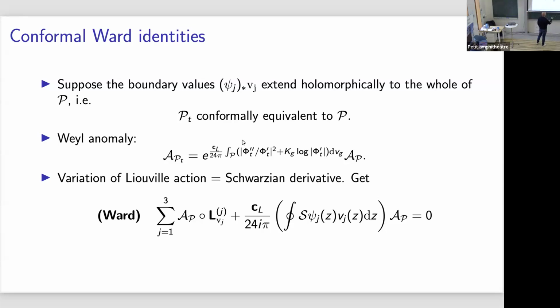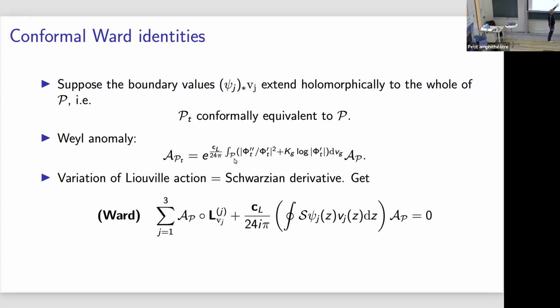Okay, so if you do so, because of this, you have this flow of maps. The new point is conformally equivalent to the old one, and so you can play with the anomaly coming from the metric to have this anomaly term. So it just comes from the Weyl anomaly. The amplitude of PT is related to the old one. And if you differentiate, combining with the formula I gave you before, you just have to further plug in this differentiation of this factor in front.